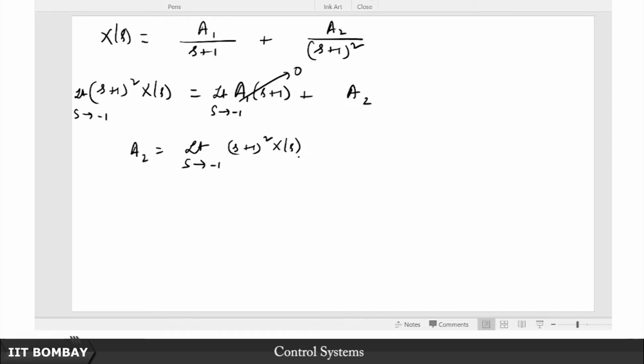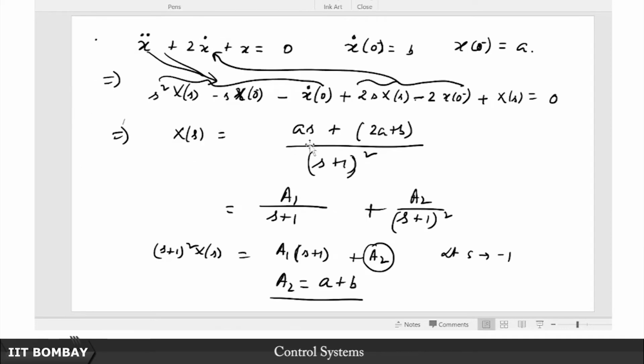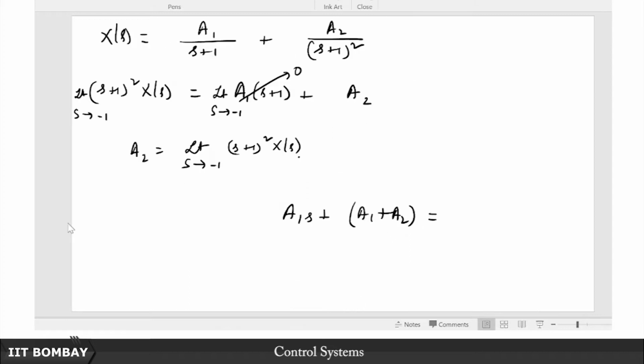And then if you want to find the next coefficient a1, there you can quite simply apply the equating of the coefficients straight away. So what you have is a1 s + a1 + a2, which is equal to as + 2a + b. Whichever one is easier to solve in which manner, we will use that.